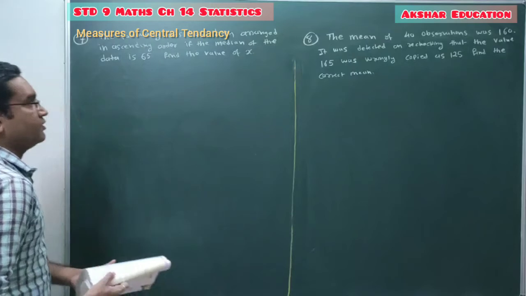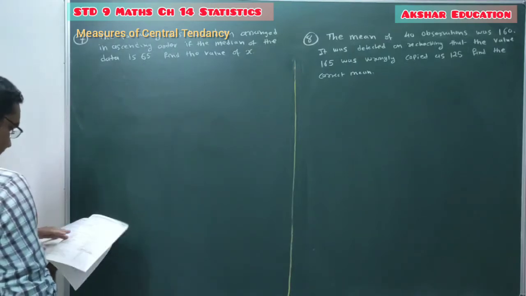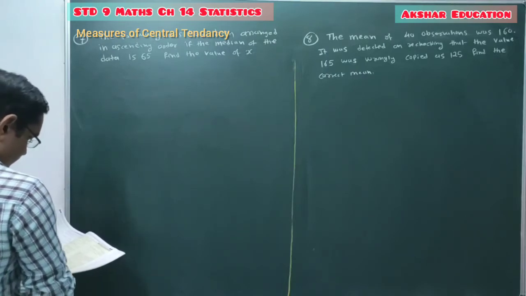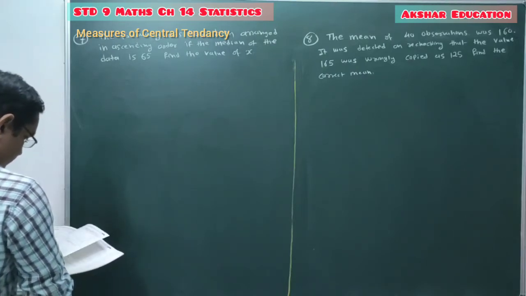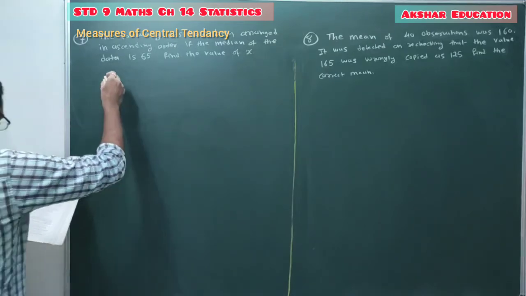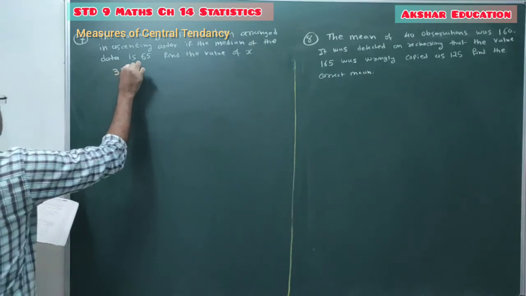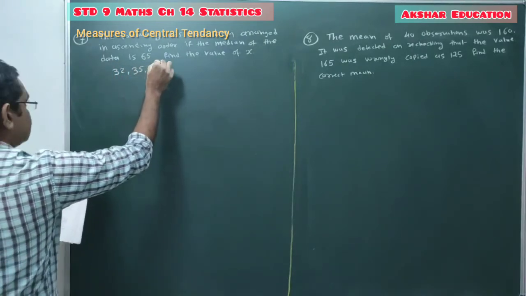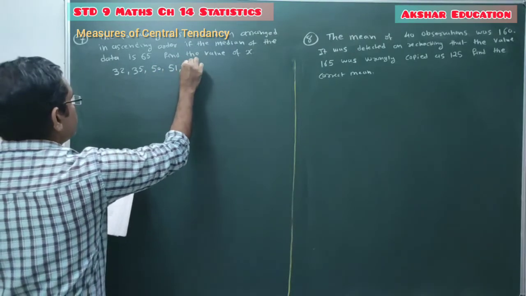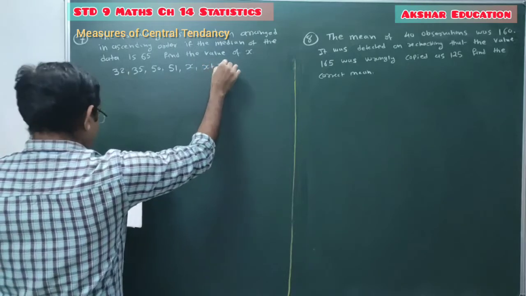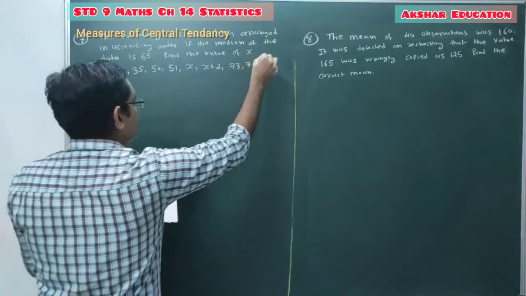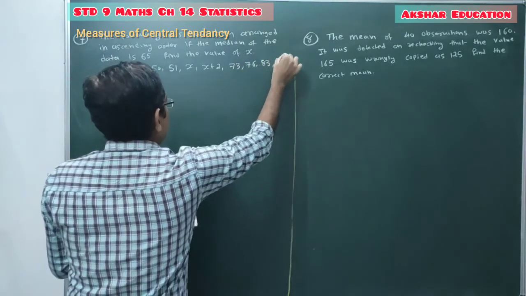So here we are given the observations: 32, 35, 50, 51, x plus 2, 73, 76, 83 and 90.